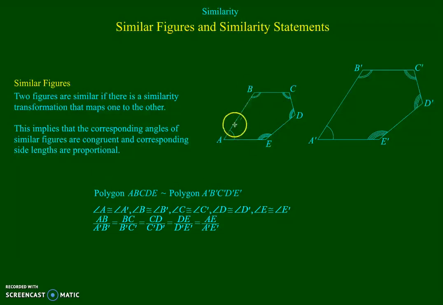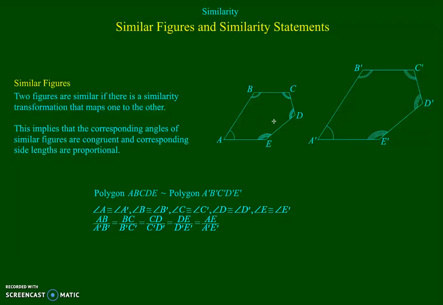If we take a look at these two figures, we can see that they have corresponding congruent angles, but they're different sizes. So that's the general idea behind similarity. Similar shapes have the same shape, but different sizes.